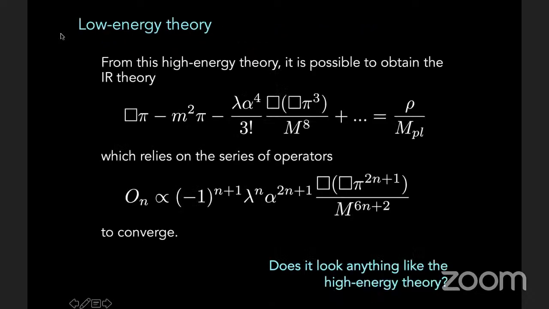Now let's look at the low energy theory you can derive from this. So this is it. And as you can see, you've got some quite high derivative and nonlinear operators. That's important here. This is the theory of your extra scalar field, the one that you would think about in cosmology, essentially. So this is the low energy theory. And in order for this theory to make sense, it relies on this series of operators that I'm showing here to converge.